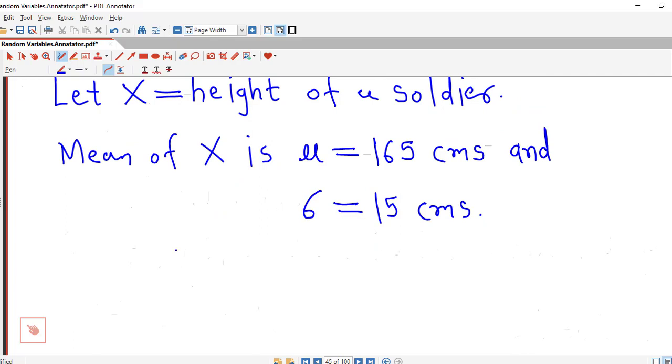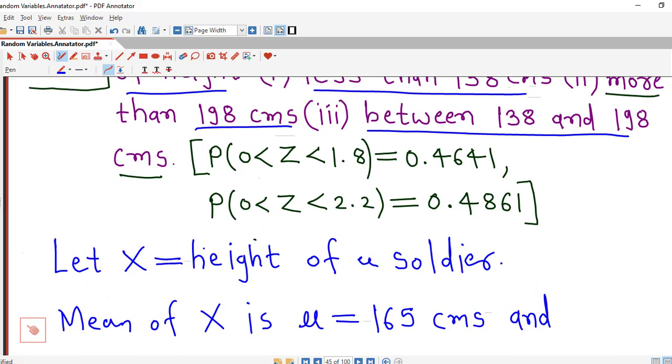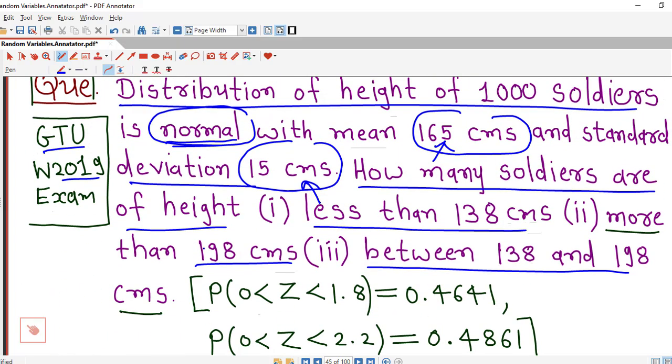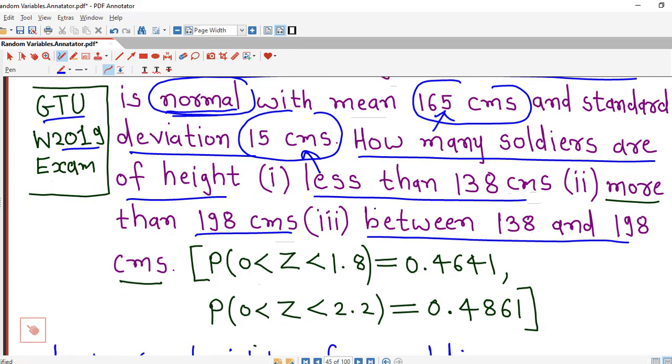So X is a normal random variable with mean 165 and variance sigma square, that is 15 square. Now using this information we have to find the number of soldiers of height less than 138 centimeters.